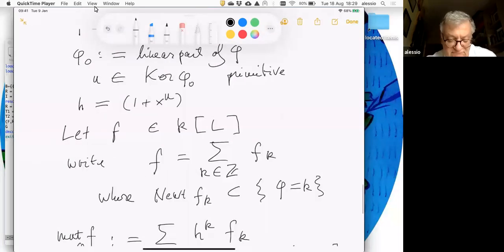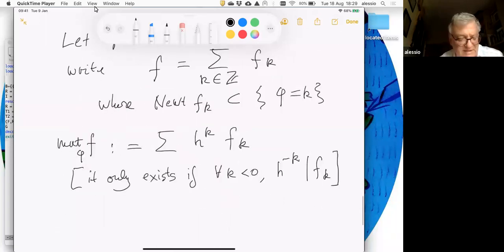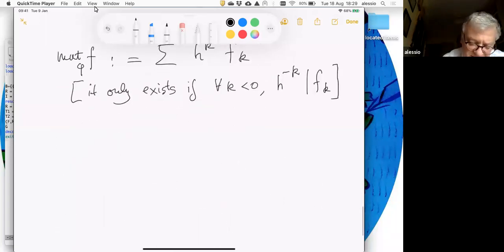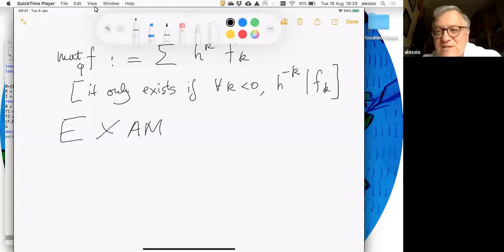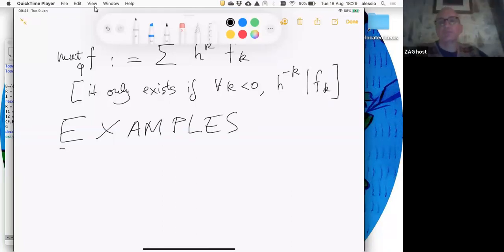Then let me do some examples. Okay, so you see that this is actually nothing to be afraid of. The examples. I'm not going to ask you if you have any questions at the moment, because I don't expect you to have understood this unless you already know it. But let's do some examples and see whether the situation improves.